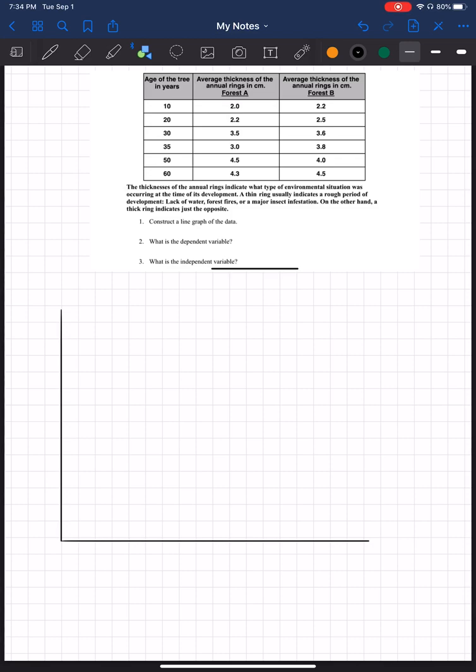So same thing, just for clarity's sake, we're going to ignore that one. And then this is your x-axis, this is your y-axis. So my x-axis is age of the tree in years. And then the other one is average thickness.